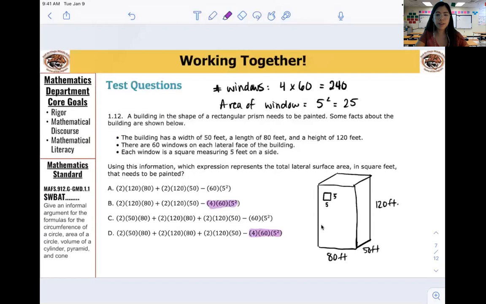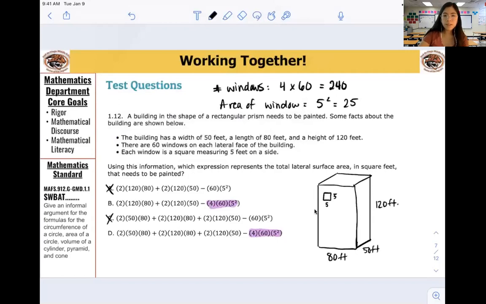So I need to take into account the area and then take away each of the windows. So for that reason, B and D are good so far. A and C are out the window because they didn't, what did they do? They didn't multiply by 4. This would be the area of only one side of windows. We have to multiply by 4.